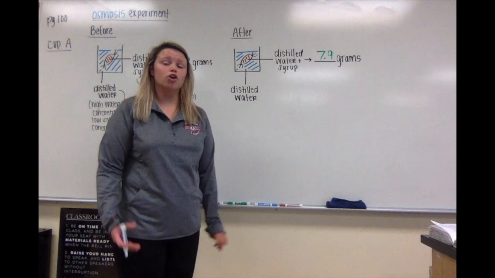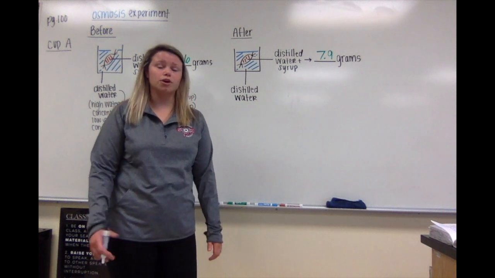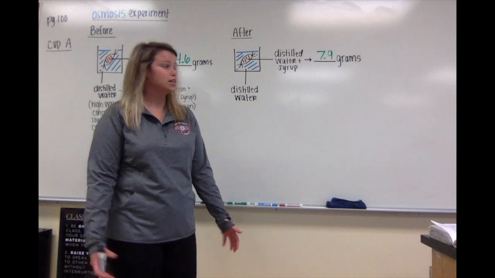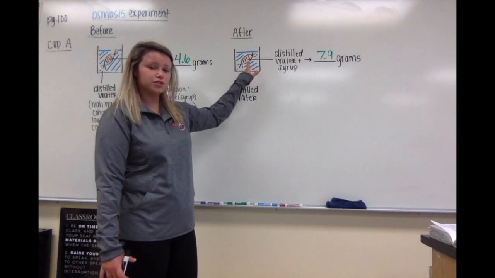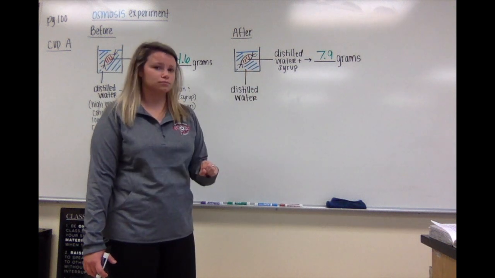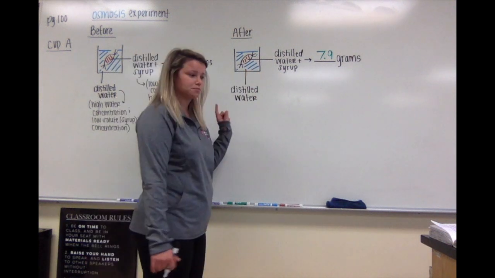What you hopefully talked about at your table, and what you should have noticed if the experiment worked correctly, is that this dialysis bag full of syrup and water is more full than it was at the start.